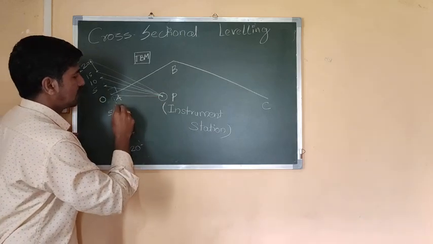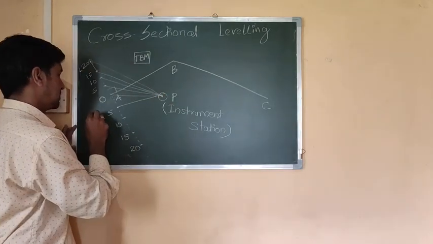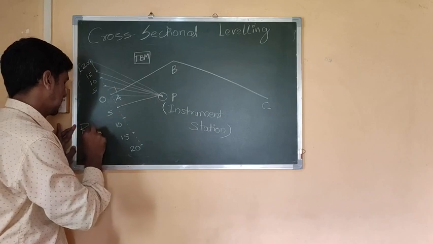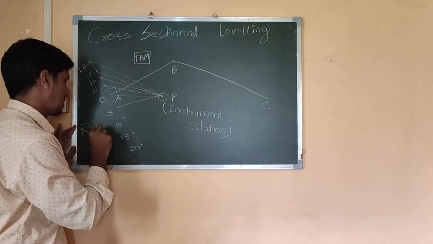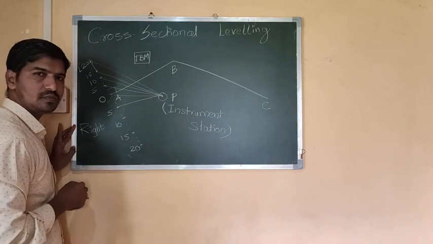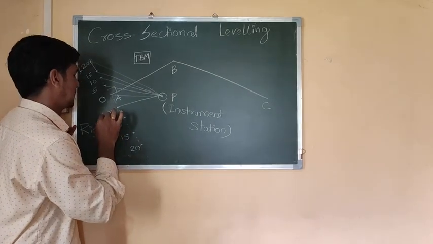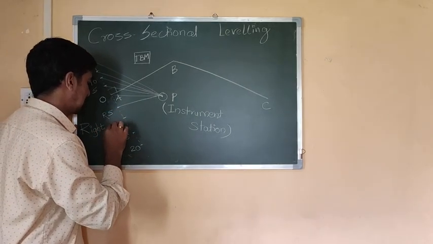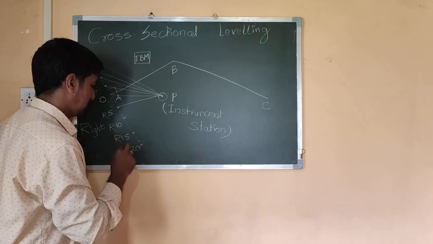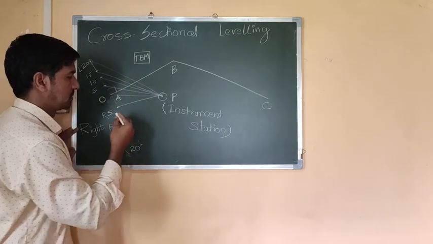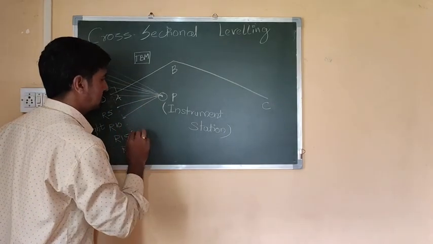And from the instrument, on the right side, R5, R10, R15 and R20. I will take the levels.